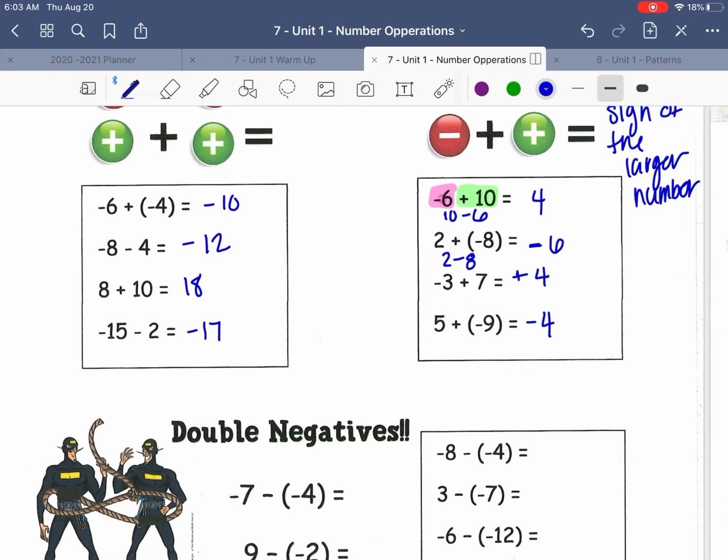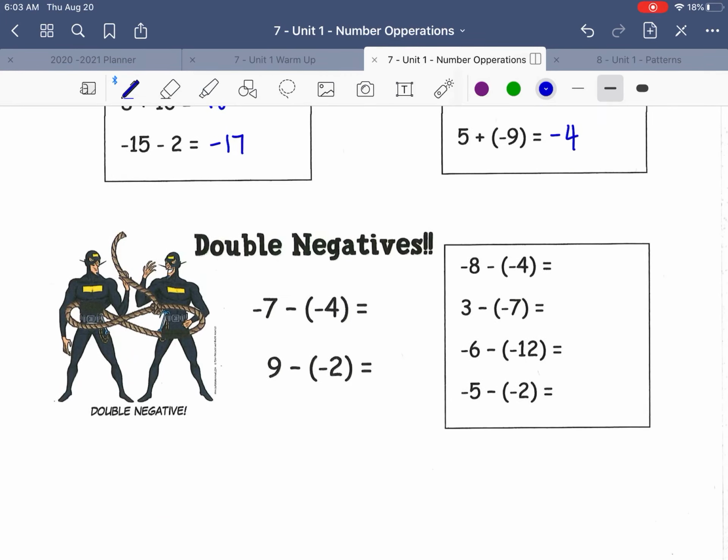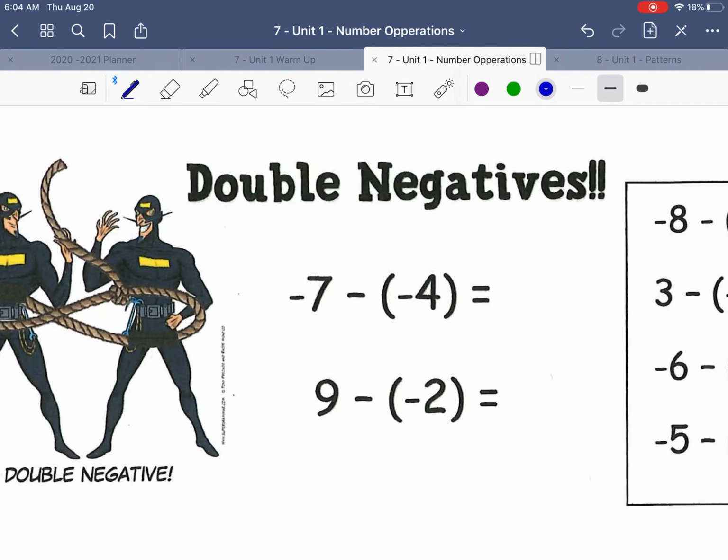Then we have these weird ones that are double negatives. Our double negatives change to positives. So we can either do it like this, or sometimes I just like to do it like this. Just make one big plus sign. So now I have -7 plus 4.